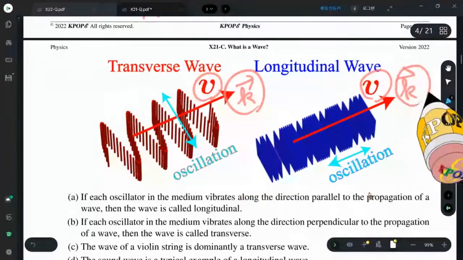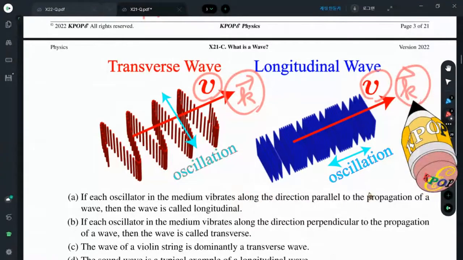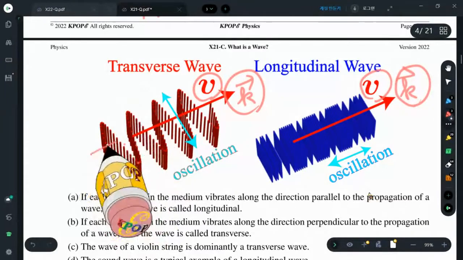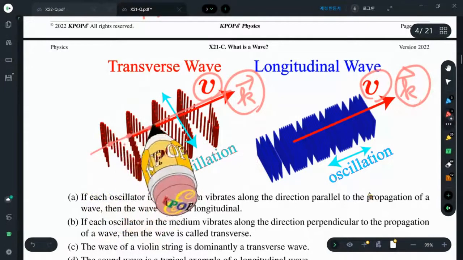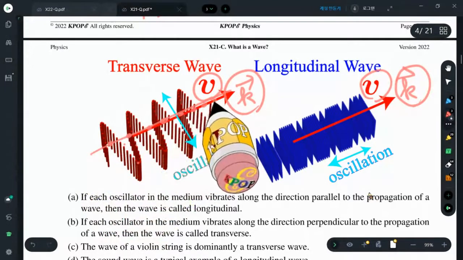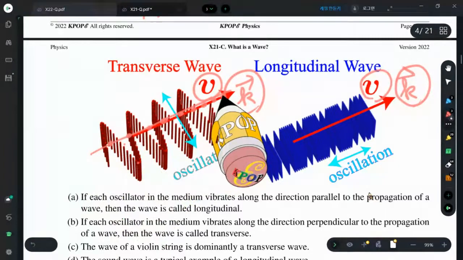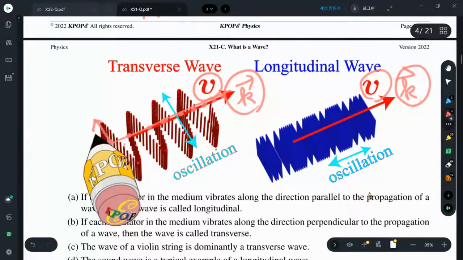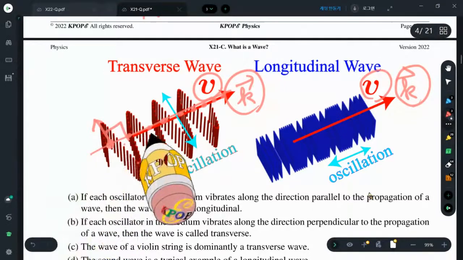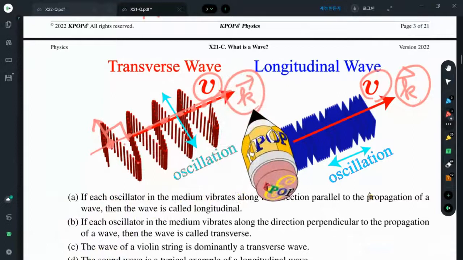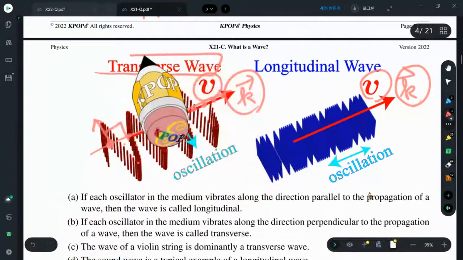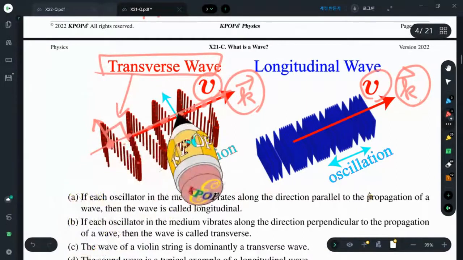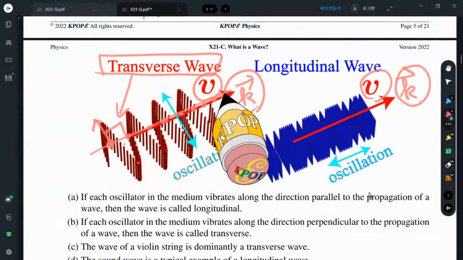The fluctuation of each particle placed at every point of propagation, the deviation from the equilibrium point, is perpendicular to the direction of propagation. Then we say it is a transverse wave. Transverse means it is perpendicular to the direction of propagation.